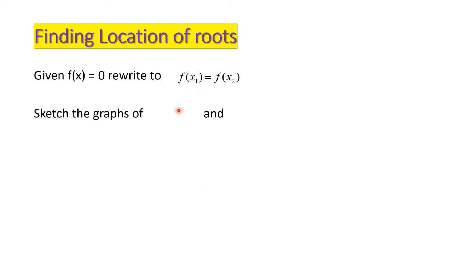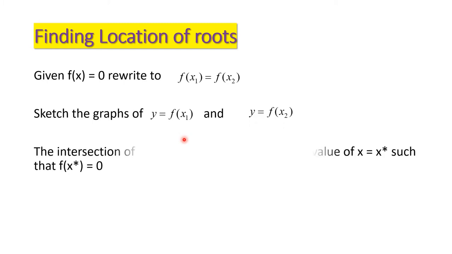Then, finding the location of roots: given f(x) = 0, we can rewrite it as f1(x) = f2(x). For example, we have the nonlinear equation x minus cos x, right?